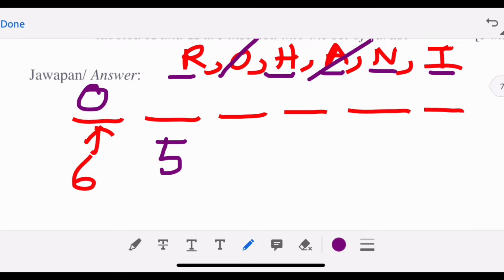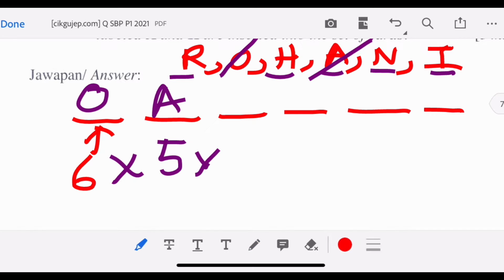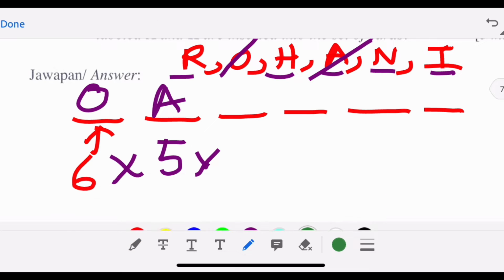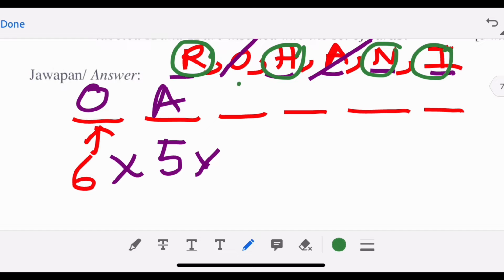So let's say we start with the A. Now let's count how many letters are left. You can see 1, 2, 3, 4, right? We have 4 letters. So let's say we choose I. So we have 4 ways.